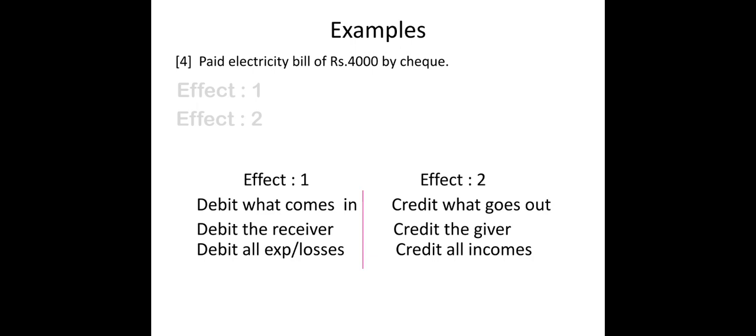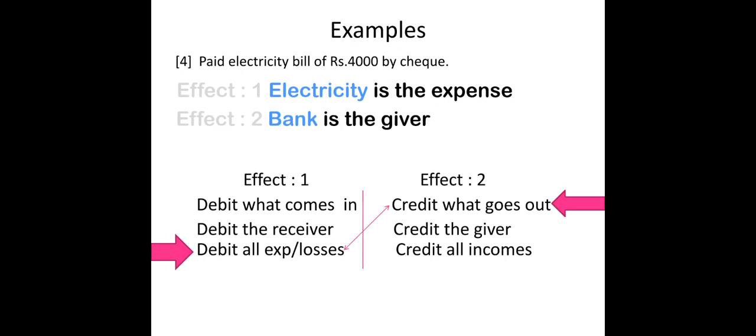Okay, so electricity is our expense. So you can write in effect number 1 that electricity is the expense and we are paying it by check. So in effect number 2, we can write bank is the giver. Okay, so bank becomes the giver because money will be paid by bank. Our bank balance will decrease. So bank becomes the giver.